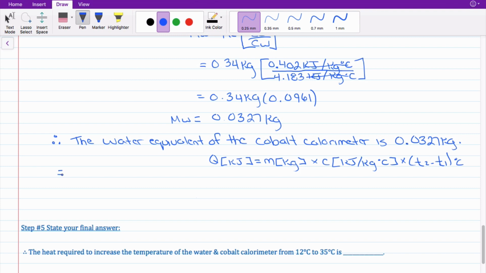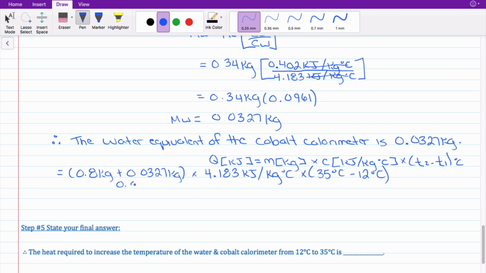So if we put in our variables, we'll have the mass of the water, so 0.8 kilograms plus 0.0327 kilograms times the specific heat of water, so 4.183 kilojoules per kilogram Celsius times the temperature rise, so our T2 was 35 degrees Celsius and our T1 was 12 degrees Celsius. If we do within the brackets now, 0.8 plus 0.0327, that'll give us 0.8327 kilograms.